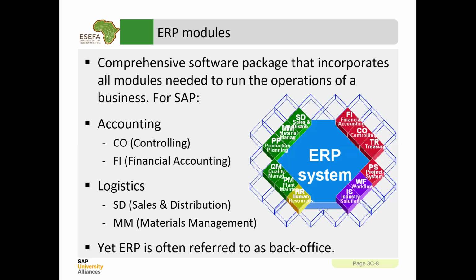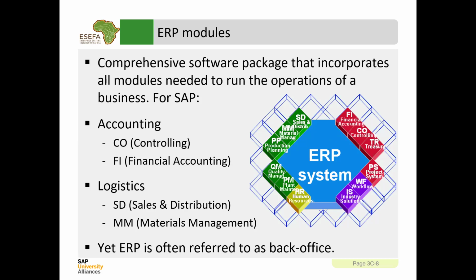So for example, SAP as an ERP system has a module called accounting. You can see from my screen here, you see accounting, you see controlling, you see FI. These are modules in the SAP system.